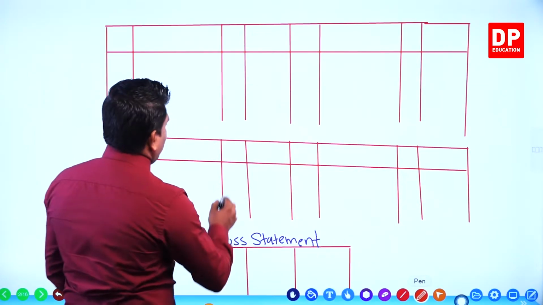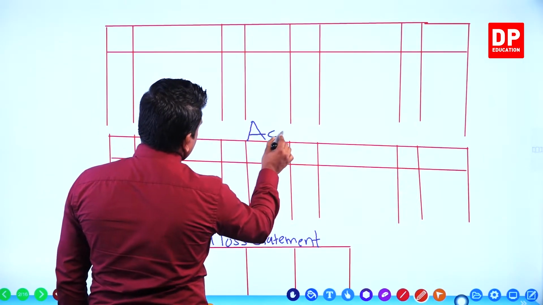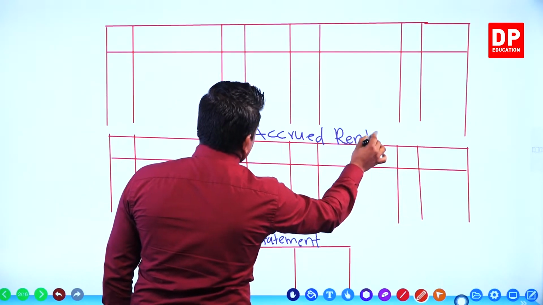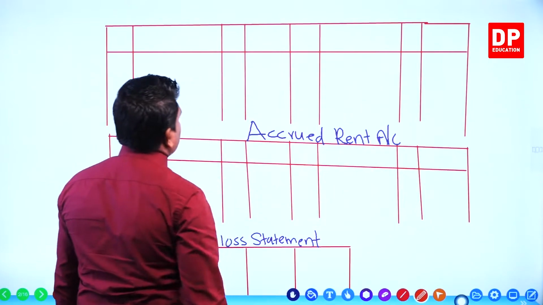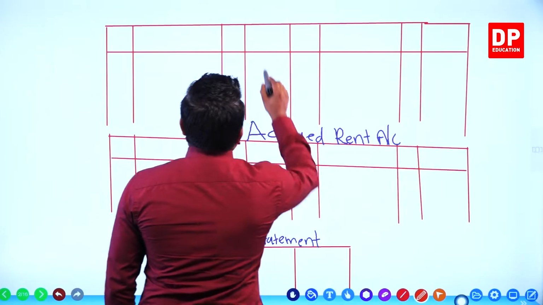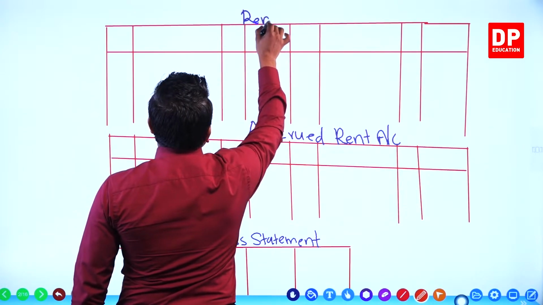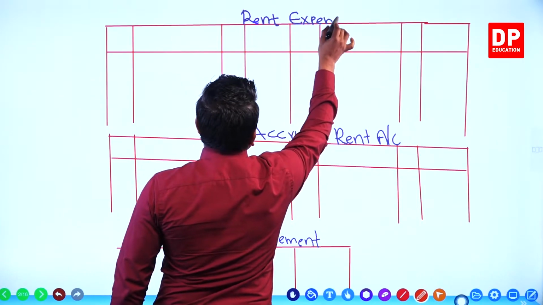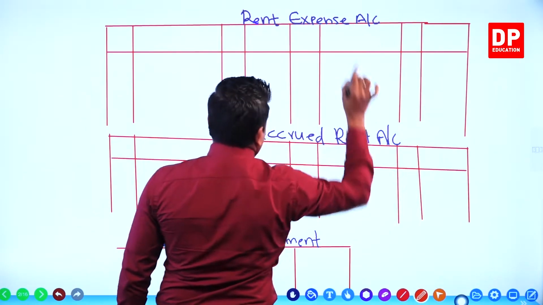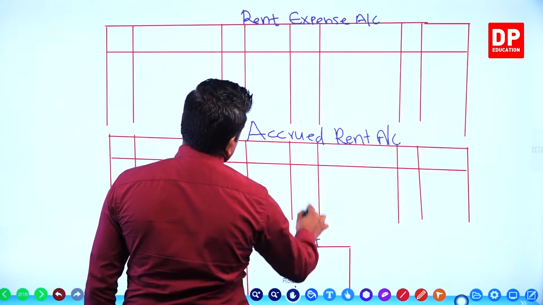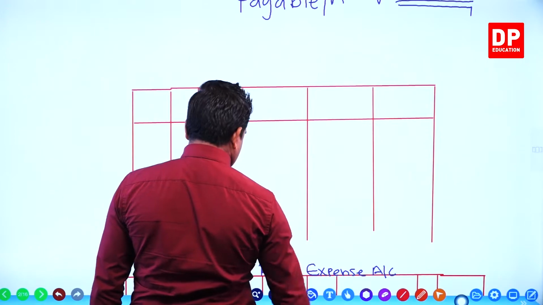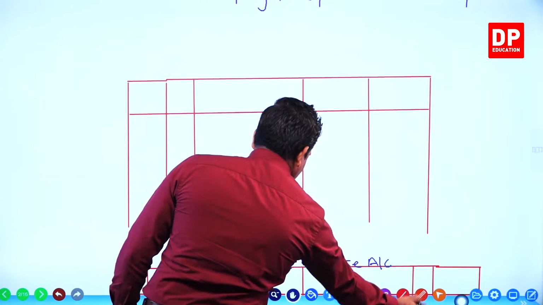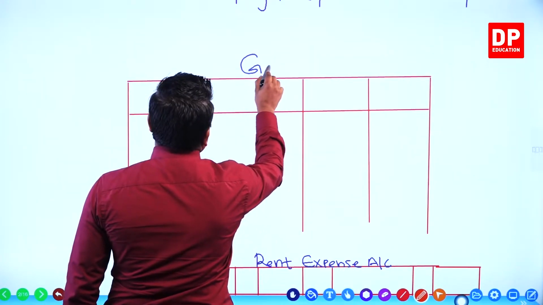Then here the accrued rent account, this is the rent expense account. Then what is this? This is the general journal, right? General journal.